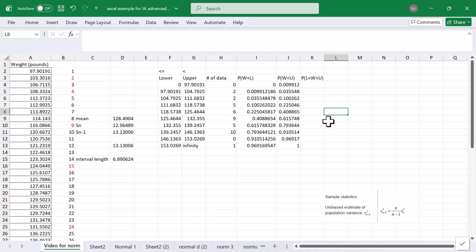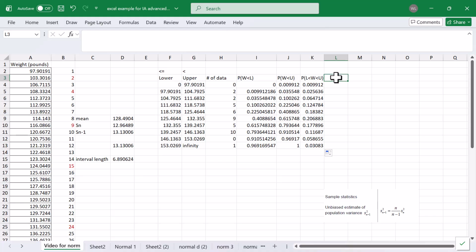Then we can figure out the probability of each interval using the probability of upper bound minus lower bound. Then enter. Using same way, I can figure out all of them.